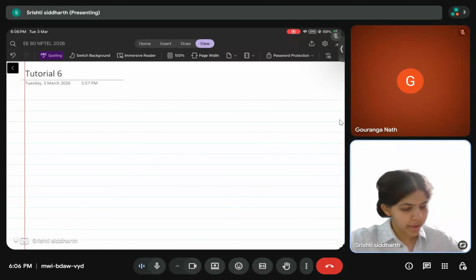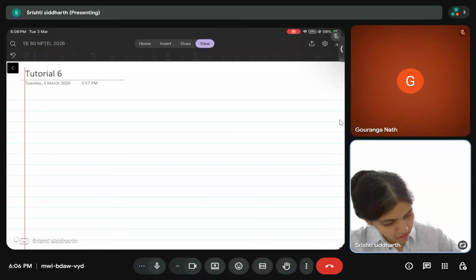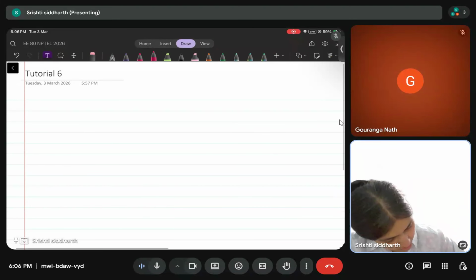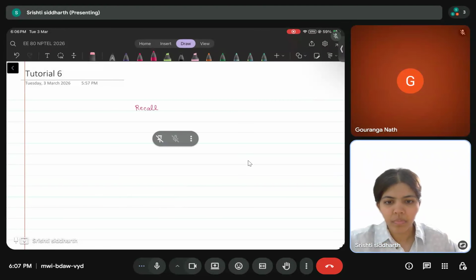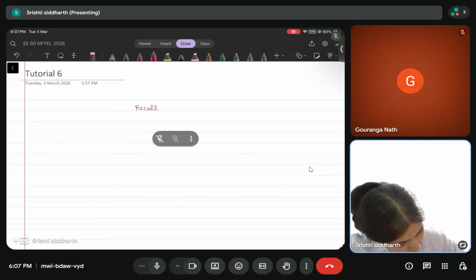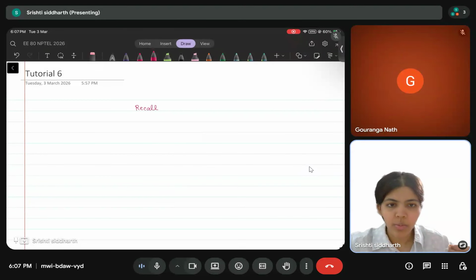So let's begin by recalling the concepts that were done in the 6 weeks of lectures. The main theme was the pole placement technique.